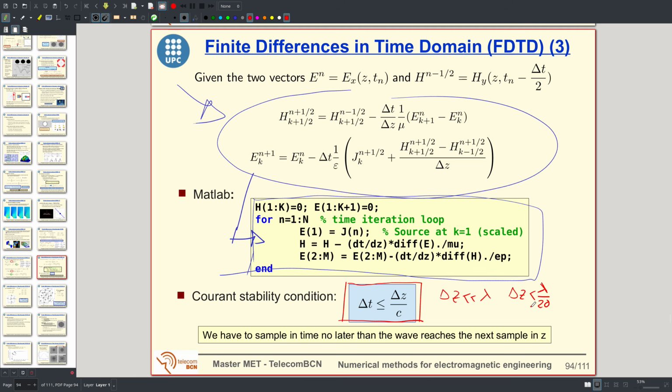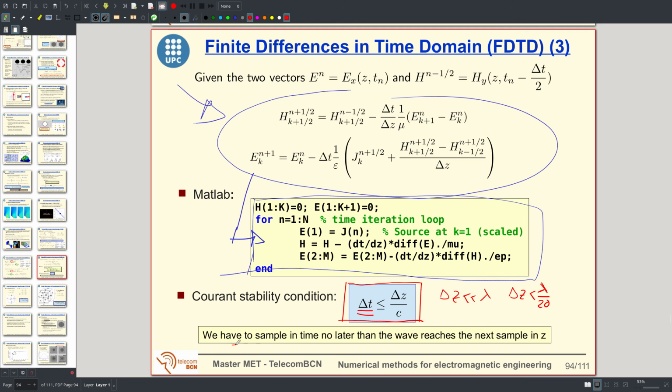But we also need to set a condition for the time sampling. The time step must be smaller than the space step divided by the velocity of propagation.